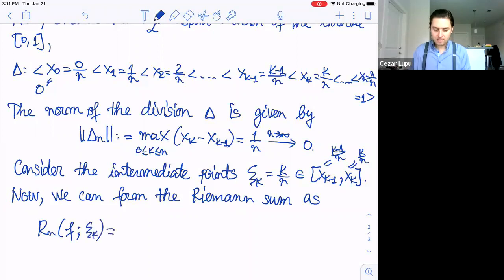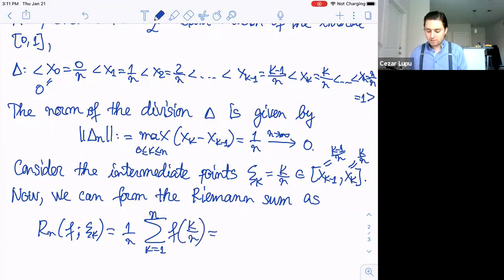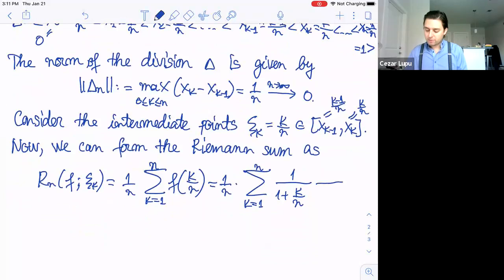So this will be the Riemann sum as 1 over n times the sum from k equals 1 to n of f of k over n. In our case, for our function, this will be nothing else than the sum from k equals 1 to n of 1 over 1 plus k over n. And as n approaches infinity, this will converge to the integral from 0 to 1 of 1 over 1 plus x dx.